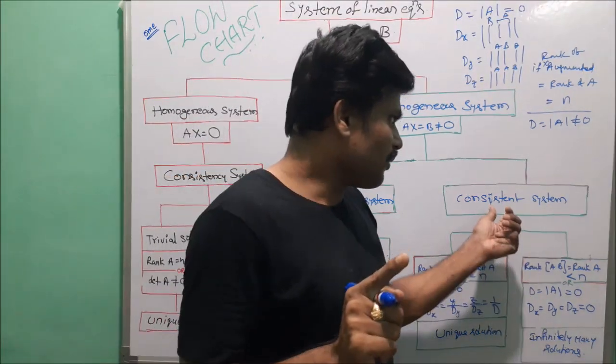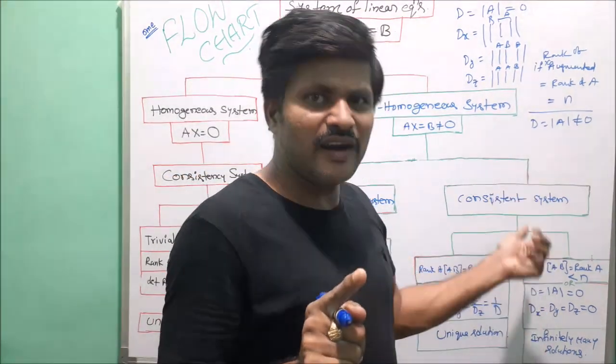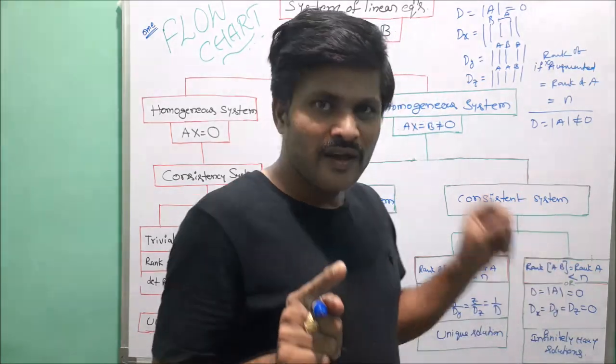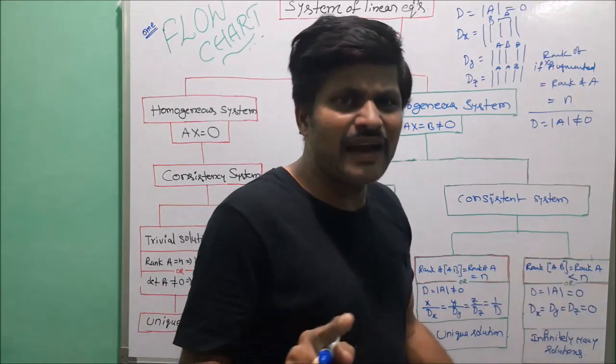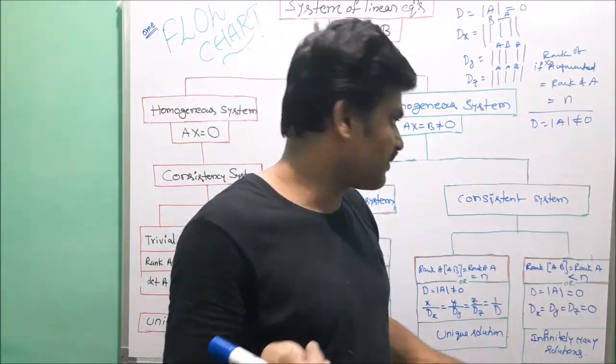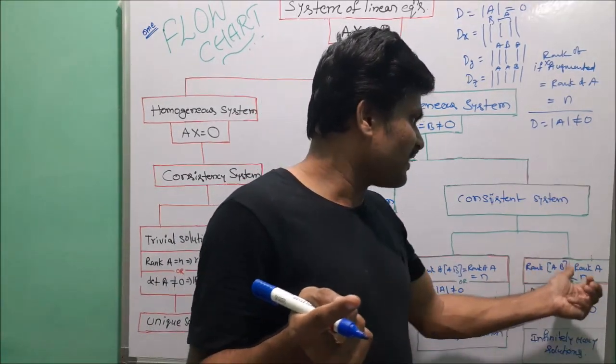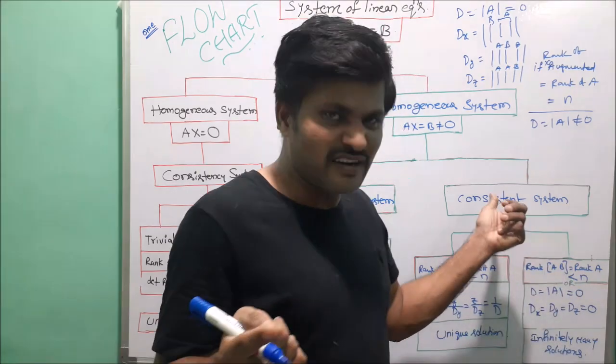Similarly, suppose the system is consistent and it has more than one solution. If the rank of the augmented matrix equals the rank of A, which is less than the number of unknowns, using transformations, and this condition exists, then the system is a consistent system.